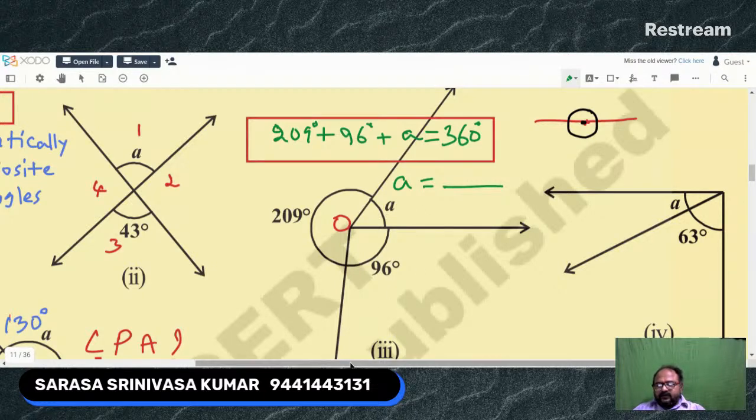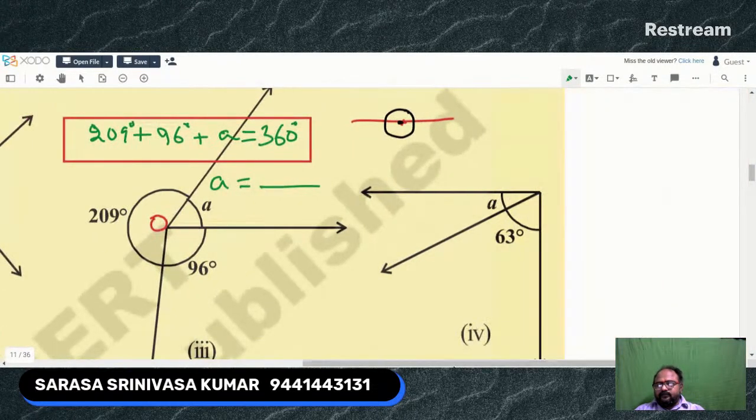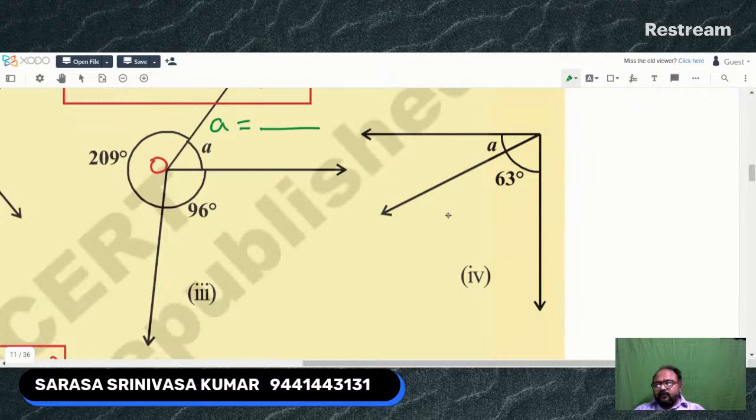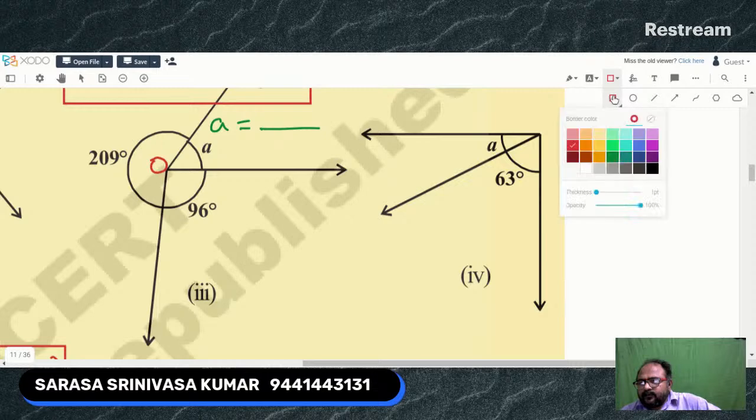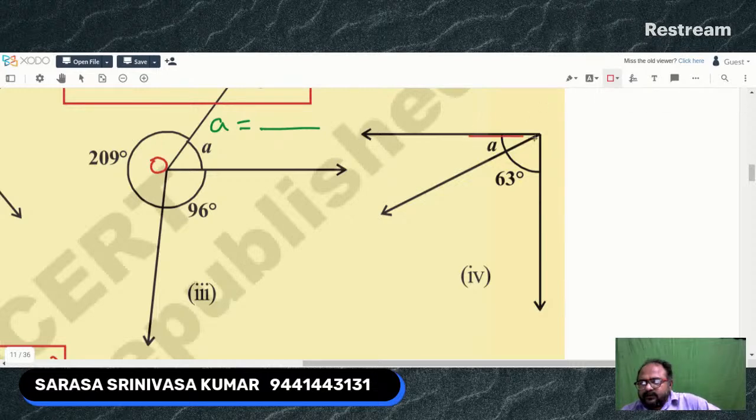Now let us consider the next problem. Observe the diagram. If you observe this diagram, I am simply forming this.